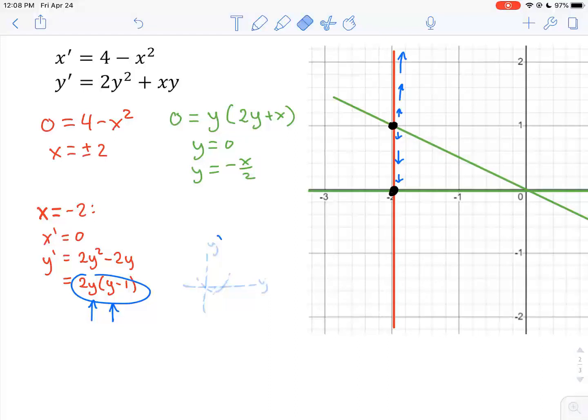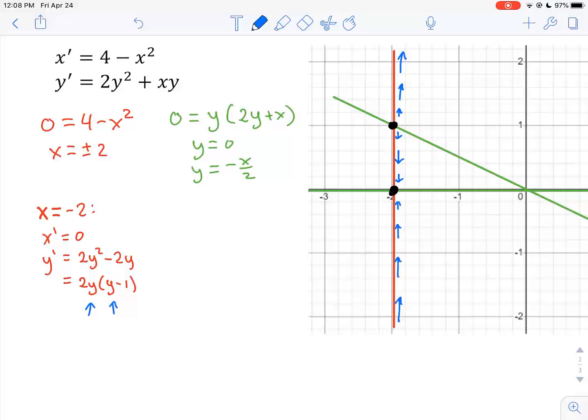Okay, now let's analyze on the other side. If y is negative, if I plug in like negative 1, for example, we're going to get positive y primes. So positive y primes will be low and positive as you're close to it, and they get more and more positive as you go down, so you get more rapid ascent.